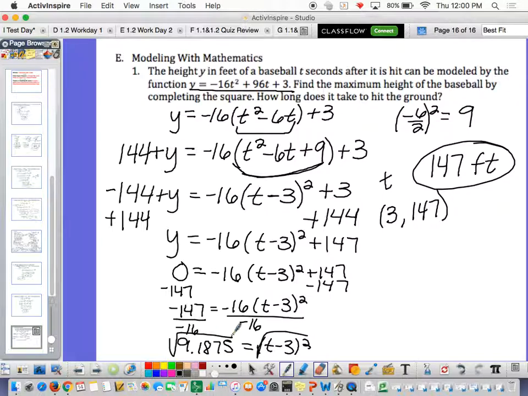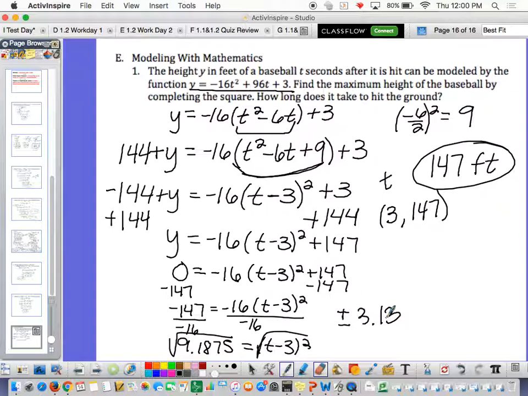Let me get a calculator. Okay. Let's see. The square root of 9.1875 is going to be, let's see, plus or minus 3.13, we'll call it, okay?